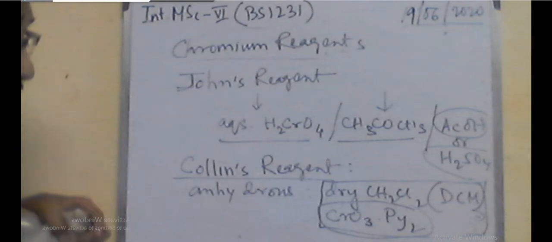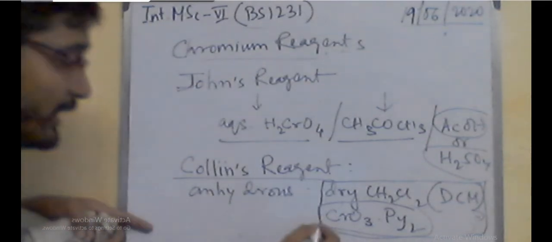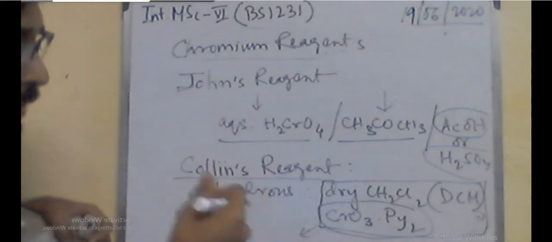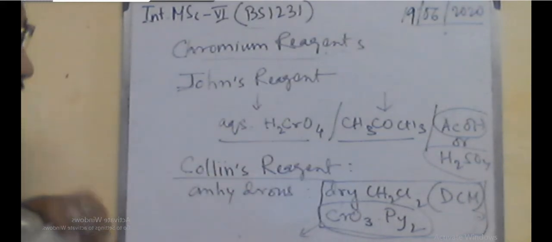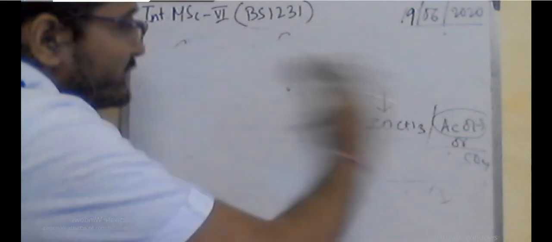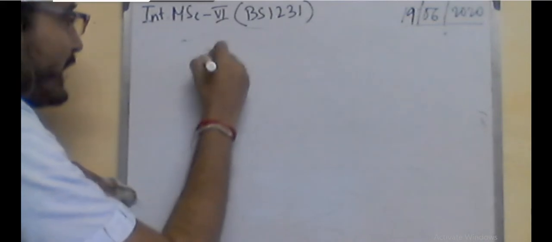Two common examples of the controlled oxidizing agent: one is the PCC and another one is the PDC. That means pyridinium chlorochromate and PDC is the pyridinium dichromate.